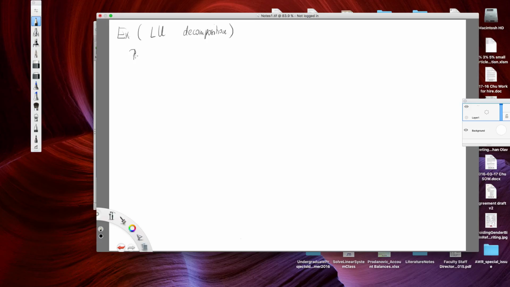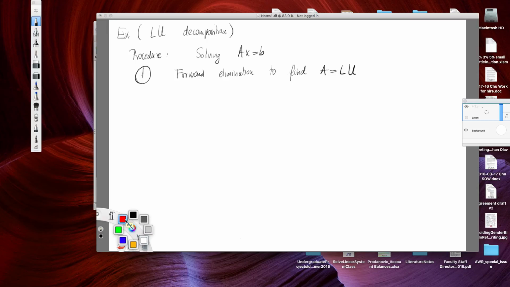So basically the procedure in LU decomposition, when I'm solving AX is equal to B: step one will be forward elimination, to find A is equal to LU, where L is lower triangular and U is upper triangular.